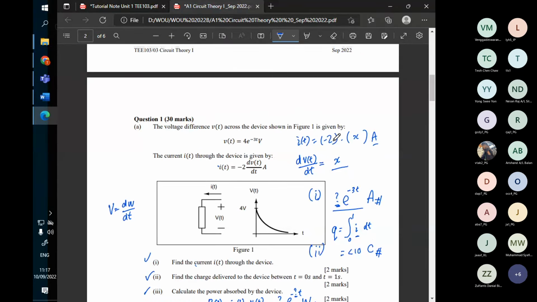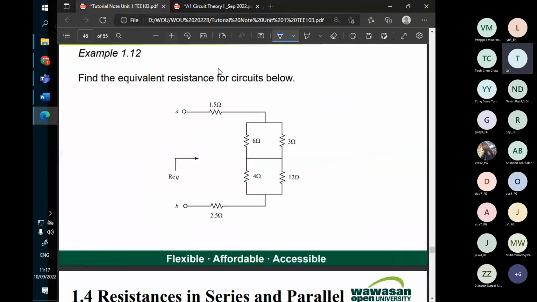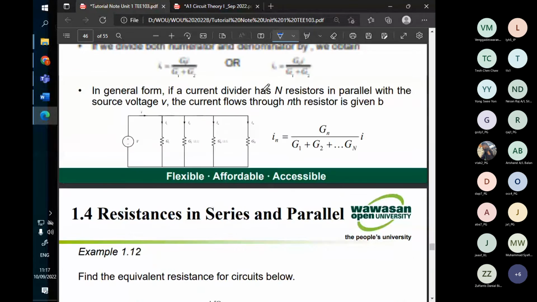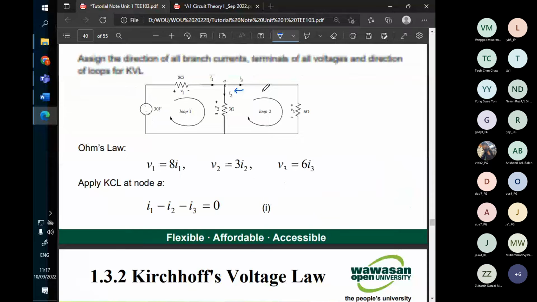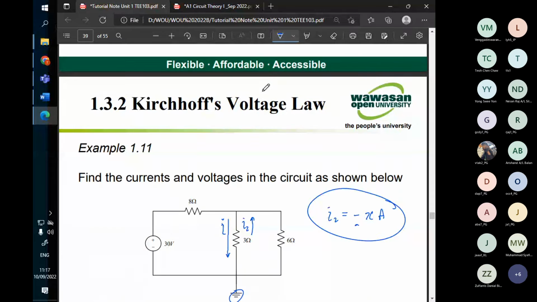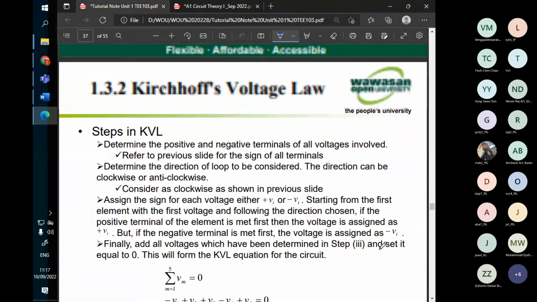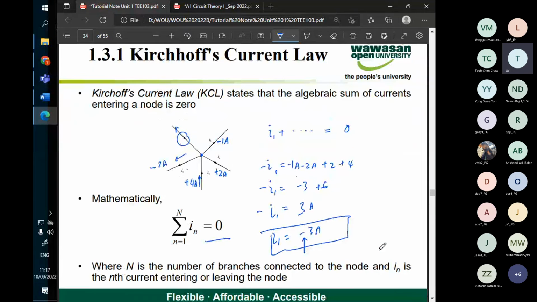Which one, the negative one? The negative answer. Here? Yes. What's your question?